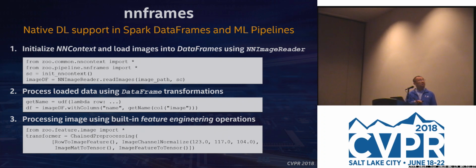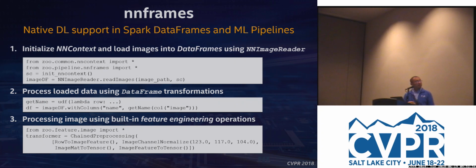It essentially wraps the Spark context and provides various configurations and tuning points for running deep learning algorithms. And in this case, you can load images directly into a data frame. So you can have a large image set, whether it's on HDFS, for instance, or HBase, and you can directly load that into a data frame.